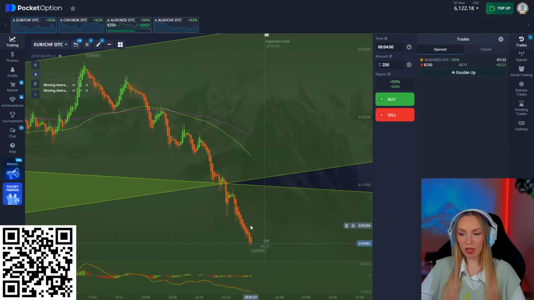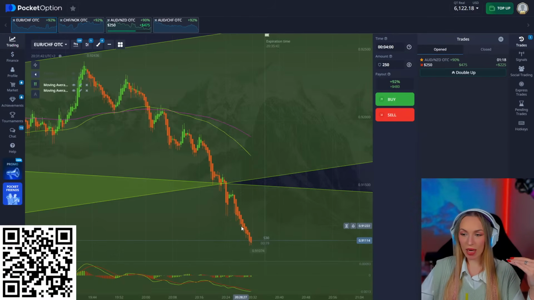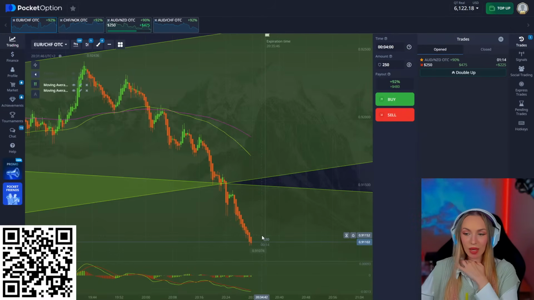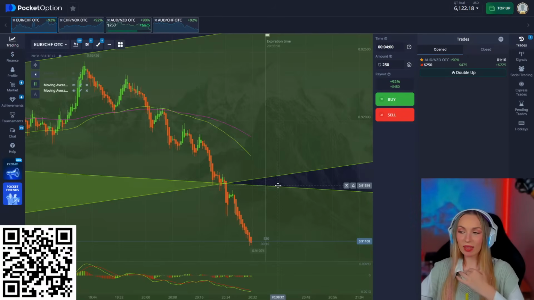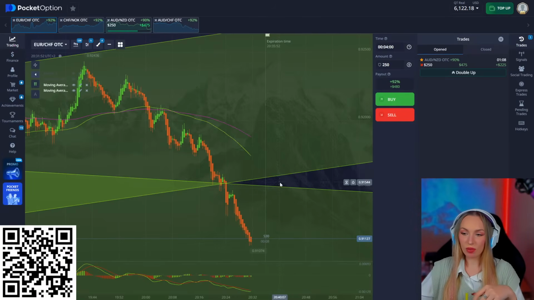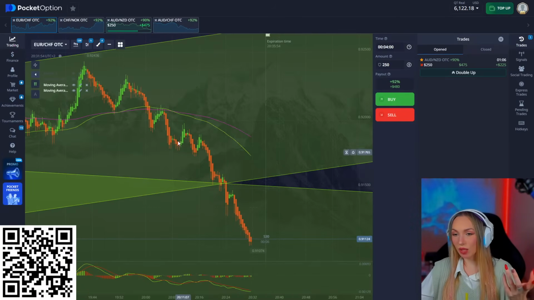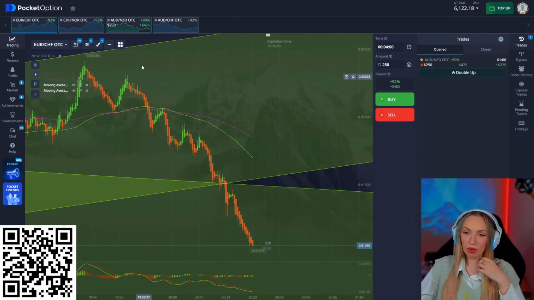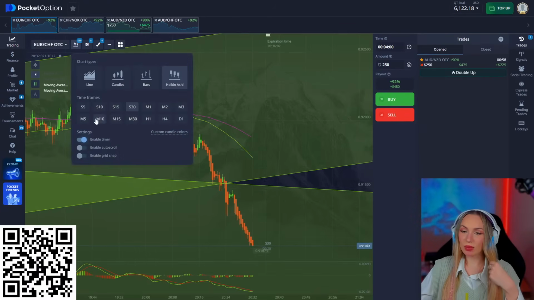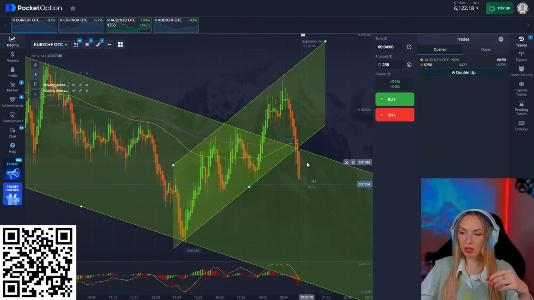But also big chances to get into correction, because you know when there are so many bearish candles in a row and you're thinking, okay, I will open the trade for like 5 minutes and it will go much more down like here. But no, we can get onto correction like here or here. It can start going up, and so maybe right now it will be risky to open the trade here.